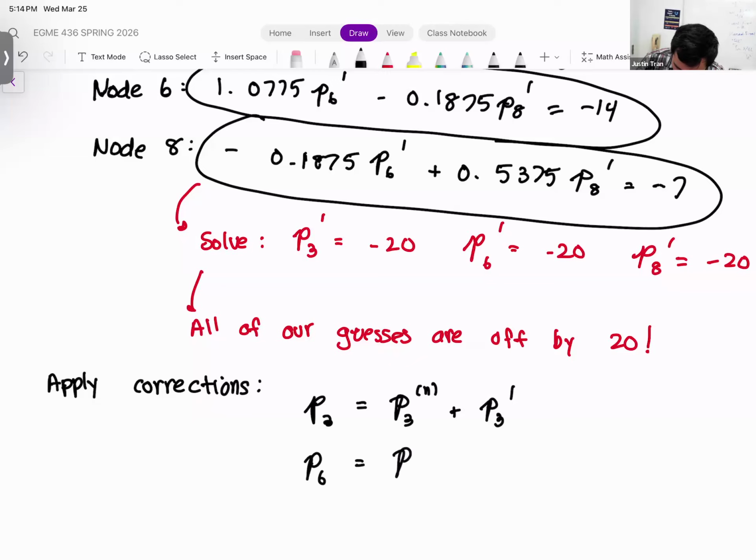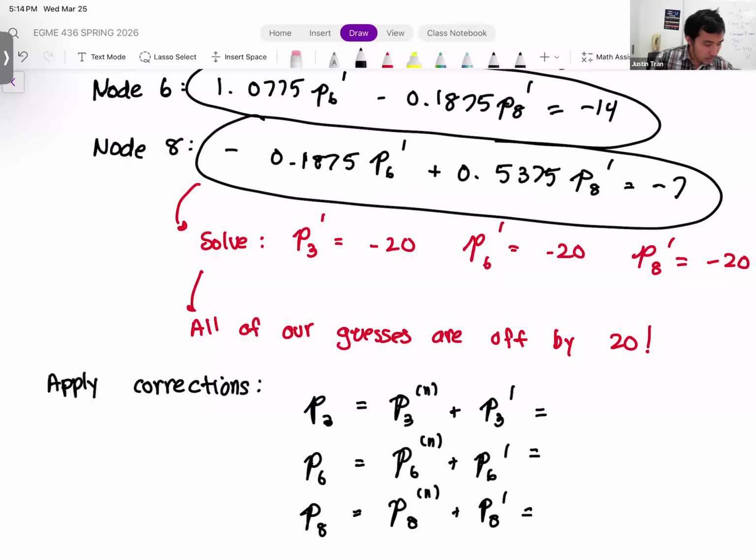P6 is going to be P6n plus P6 prime, and P8 is equal to P8n plus P8 prime. Okay. All right. And so since we were just off by 20 on each one, right? Let's see, where our initial pressure is. So P3 is going to be 280, P6 is going to be 180, and P8 is going to be 100.